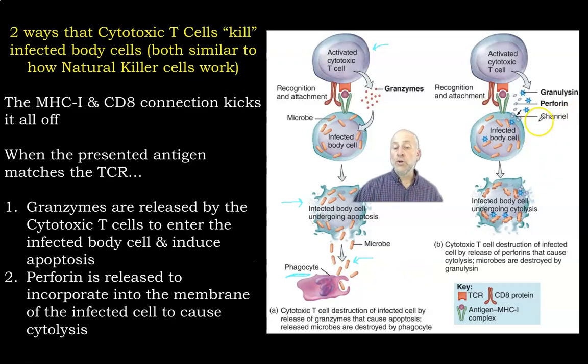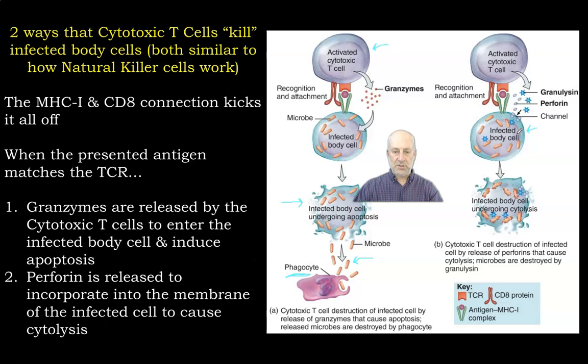Or on the other hand, you can kill the infected body cell a separate way. You can release perforin, and that will go in. You can say it either way. I'll go with perforin. You can release perforin into the cell, and perforin will act like a MAC. Do you remember what a MAC was? A membrane attack complex. It was one of the ways that complement proteins killed cells. The perforin acts very similarly.